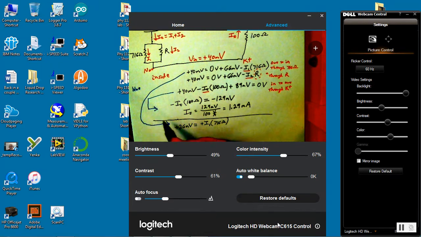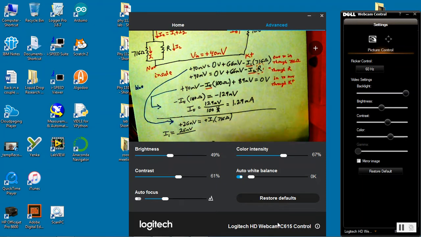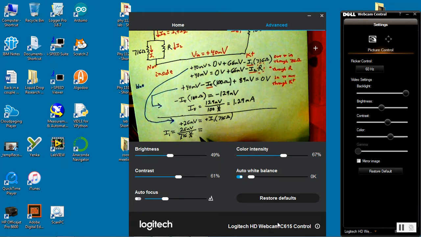So I can divide by the 716 ohms. I1 will equal 26 millivolts divided by 716. An ohm is a volt per amp. And what do we get?